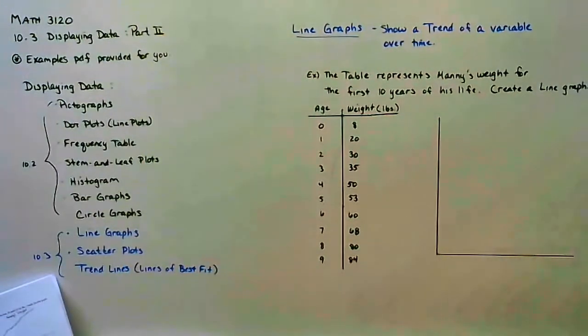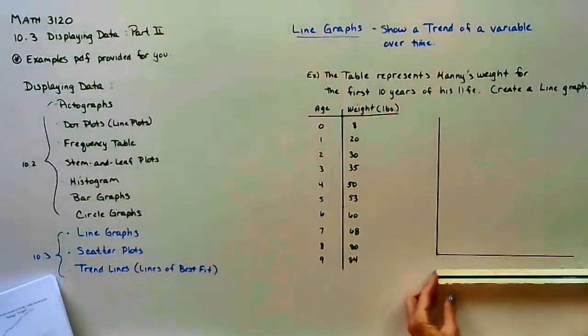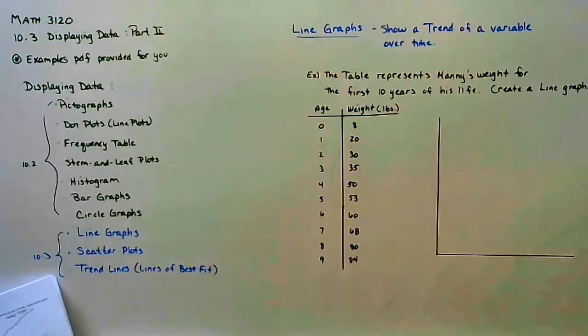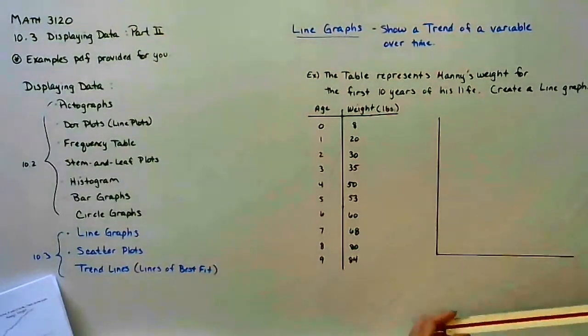Now line graphs represent time. So time always has to be on our x-axis or horizontal axis. So since we're looking at 10 pieces of information, I would recommend if you have graph paper, use your graph paper. That'll be off the page. I'm going to try to give you kind of an idea here. I'm going to try to keep it somewhat consistent. This one's not bad.